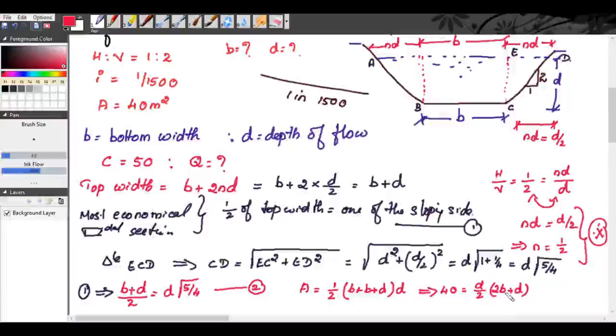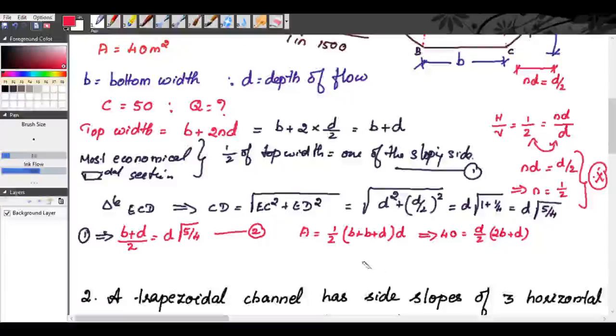From which you can write 80 is equal to 2BD plus D square. From which you can write 2BD is equal to 80 minus D square.